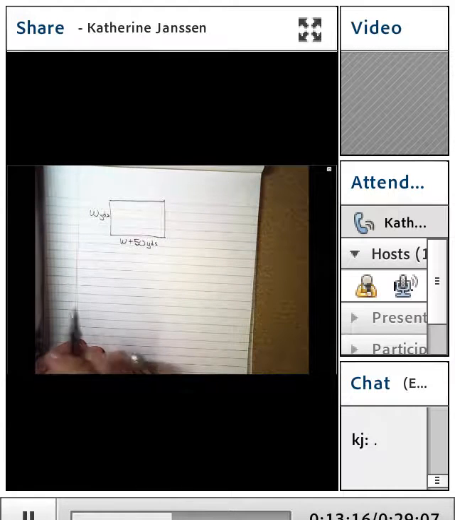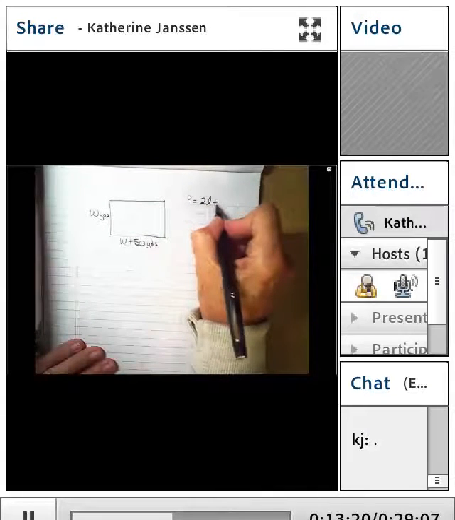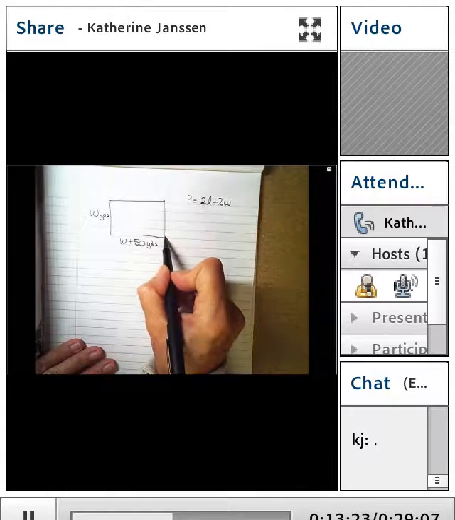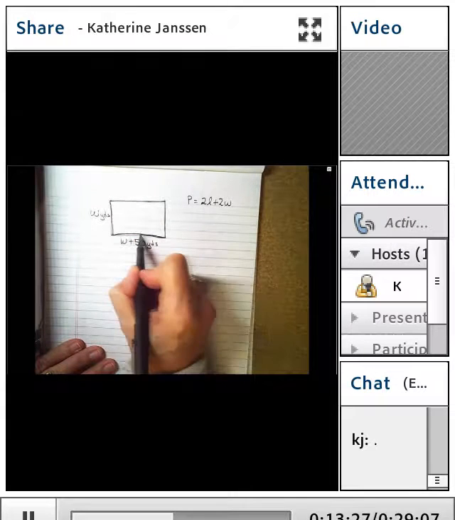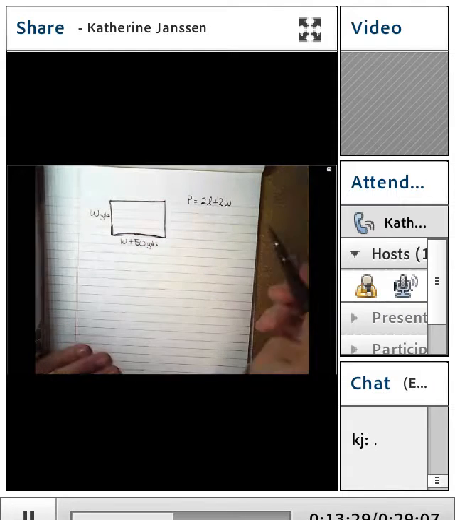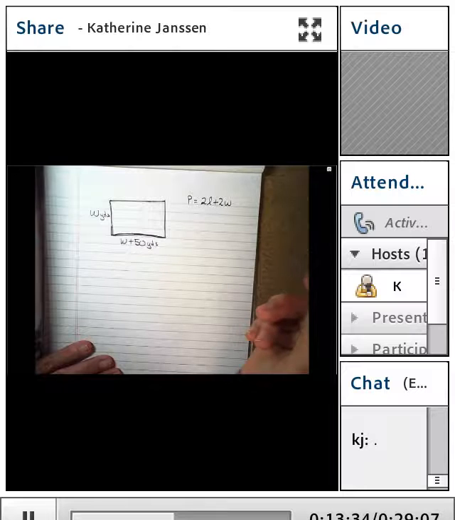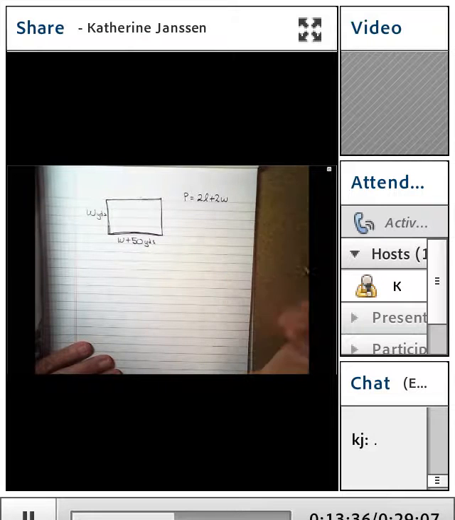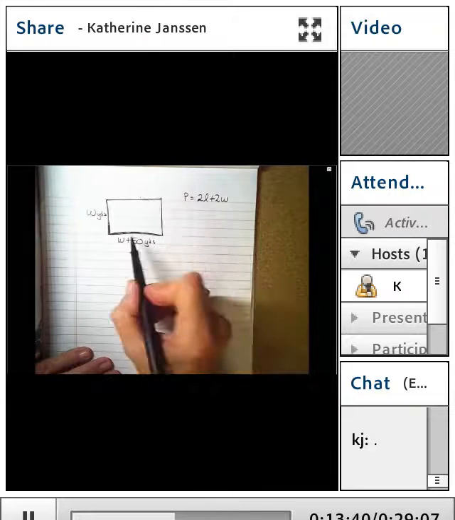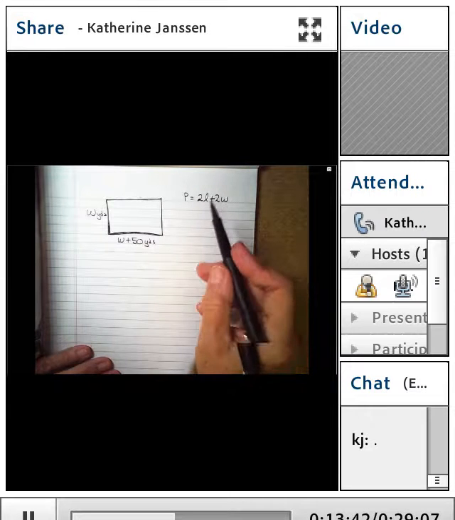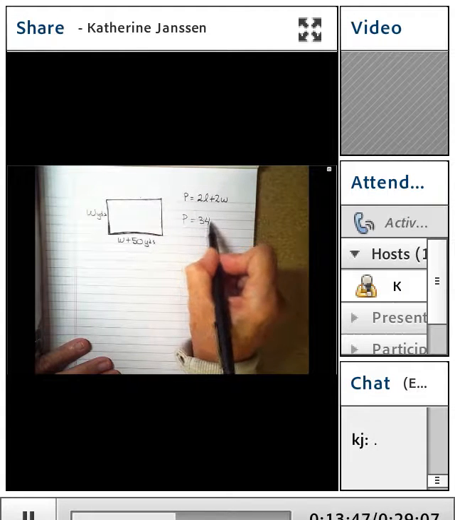Now we remember that perimeter is equal to 2 times length plus 2 times width. We're going to add the length all the way around so we can put a fence around our garden to keep the rabbits out. So we have 2 lengths and we have 2 widths. Now they told us that our perimeter is equal to 340 yards.